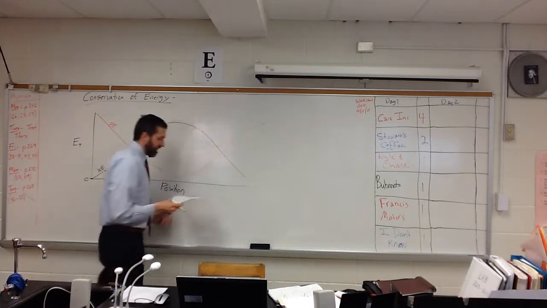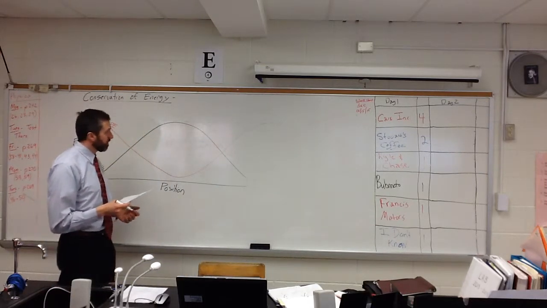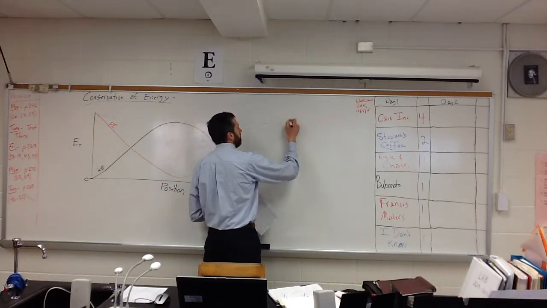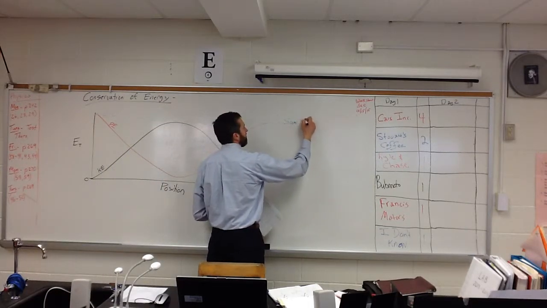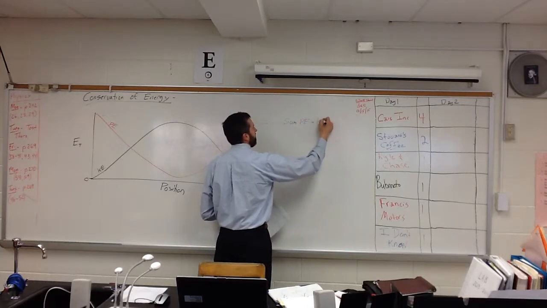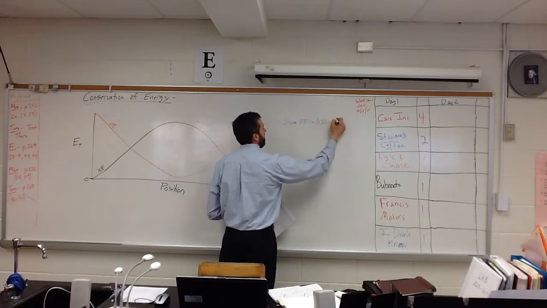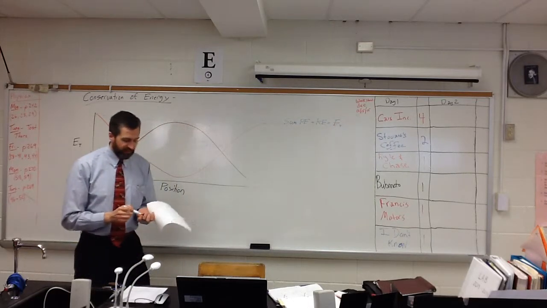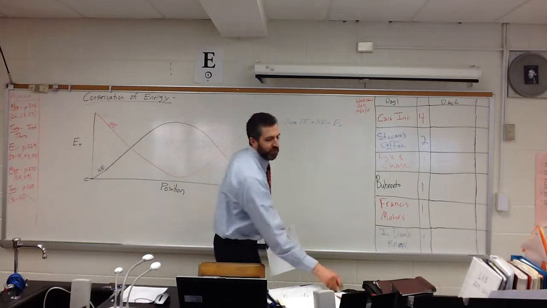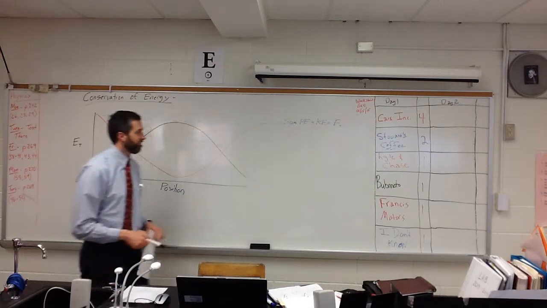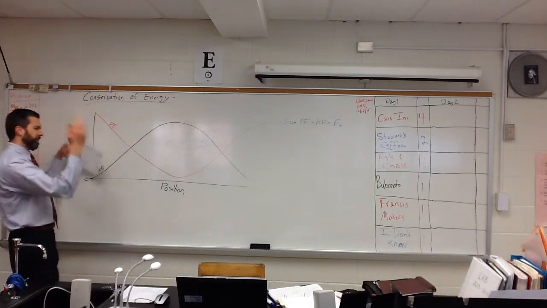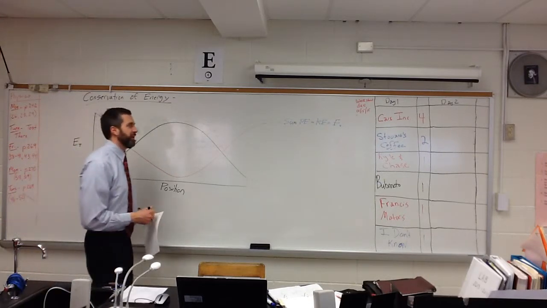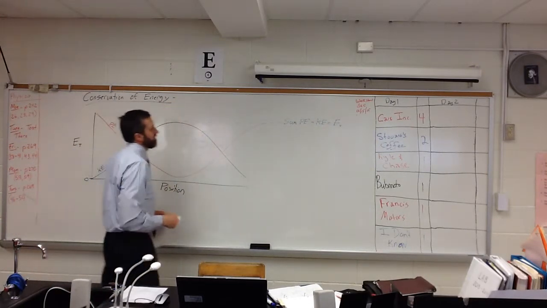And this dotted line that I have shown in blue would be the sum of the potential energy and the kinetic energy, or we could say it was the total energy of the system. This is assuming that we don't have any friction, right? Any Q. So this is a picture that helps you kind of wrap your mind around how one goes up and the other goes down, but the total remains the same. That's the conservation of energy.